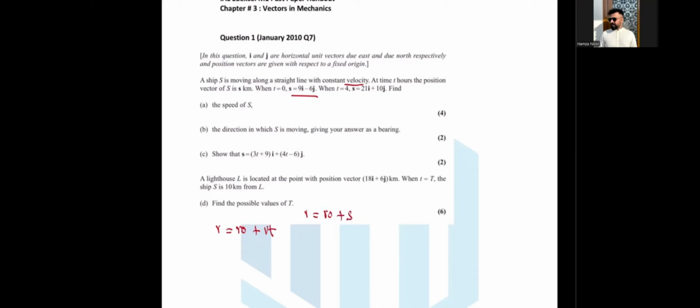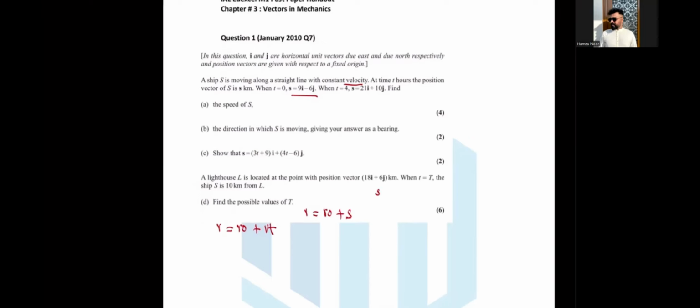This is the very basic equation. But in questions where the velocity is constant, displacement is v times t, isn't it? Since velocity is equal to s divided by t, where s is the displacement, in place of s we can write vt. So since the velocity is constant, we are going to use r is equal to r naught plus vt, which I have also used for part A.